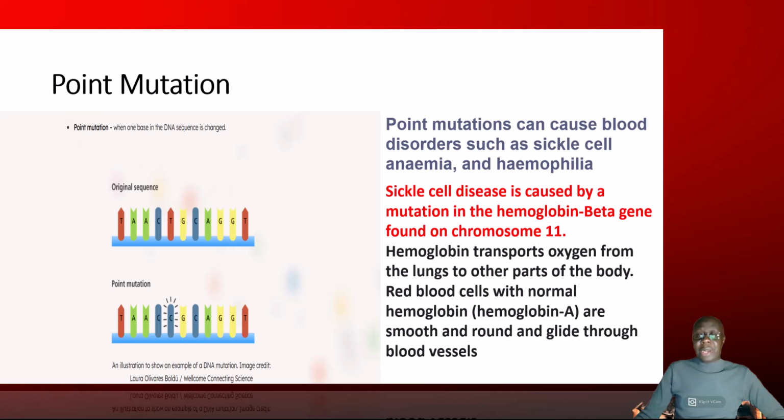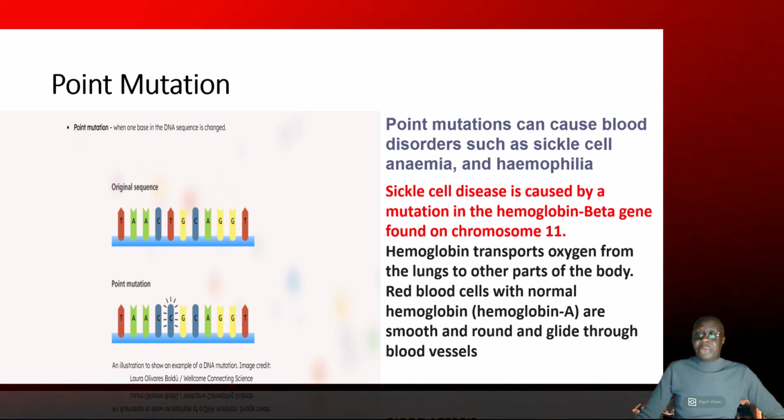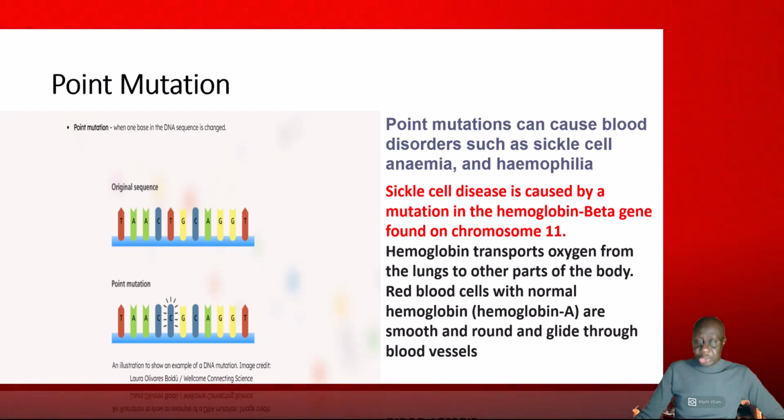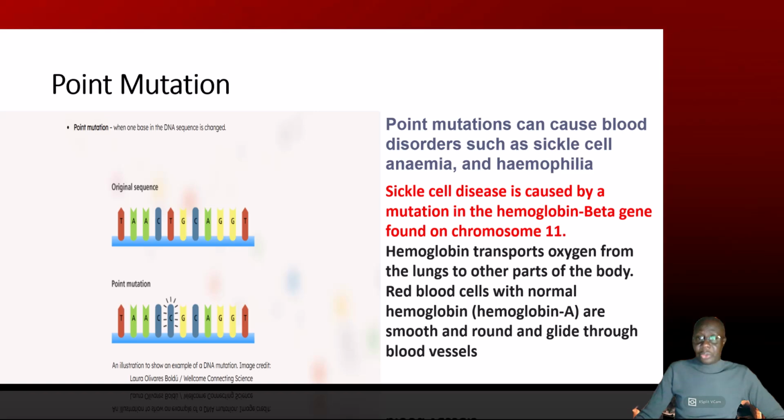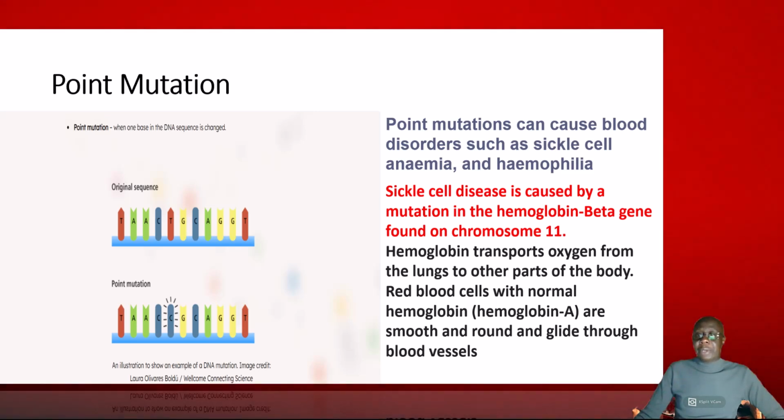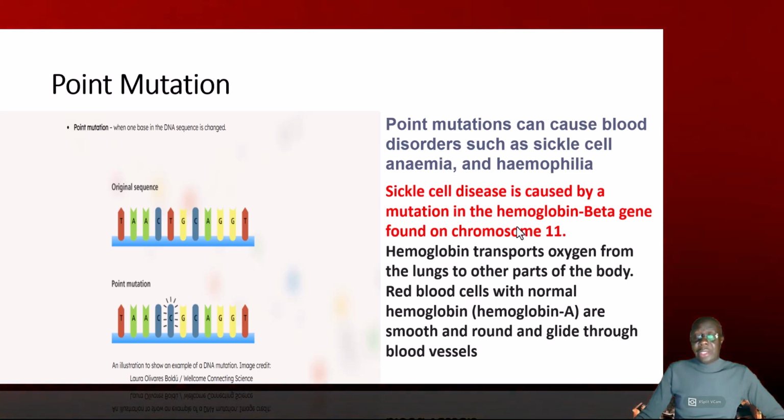Both of them can happen in black people and in white people. Sickle cell also can happen in white people, but it's predominantly happening in black people. And hemophilia can happen in both races as well, but it's predominantly happening in white people. And they are all caused by point mutation, one mutation in the gene in chromosome 11, and then you can pass it to your child.